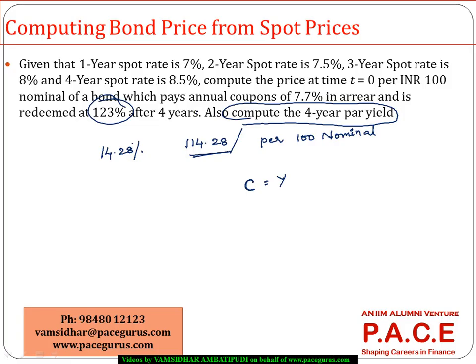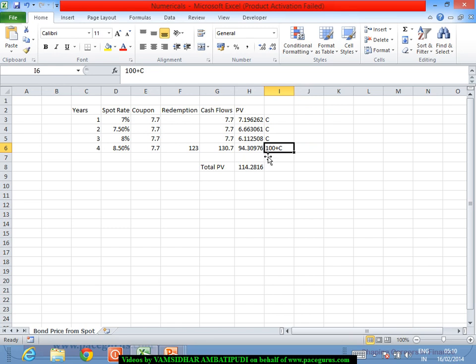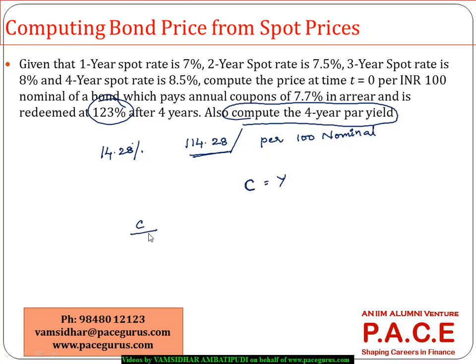See, when we talk about a par yield, I am looking at redeeming it at the par value, and what is the coupon that comes out in this process, all C's and 100 plus C. So the expression is probably like C by 1 plus R1, plus C by 1 plus R2 squared, plus C by 1 plus R3 cubed, plus 100 plus C by 1 plus R4 to the power 4.